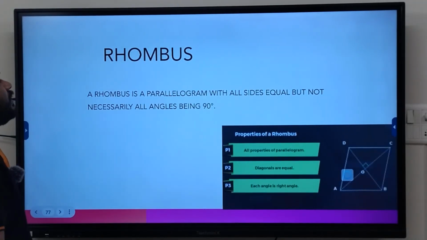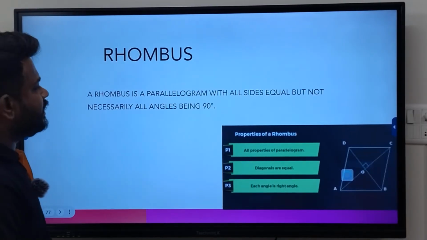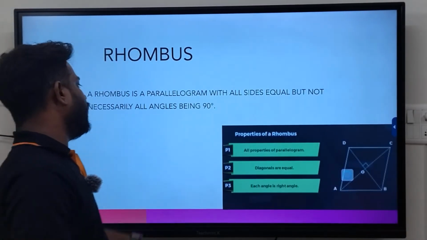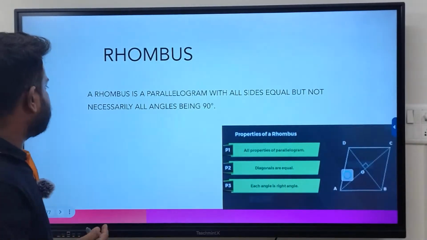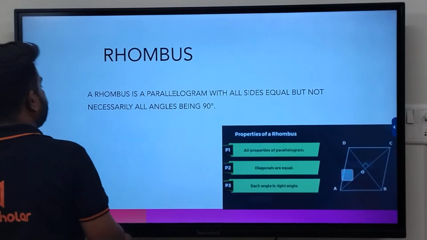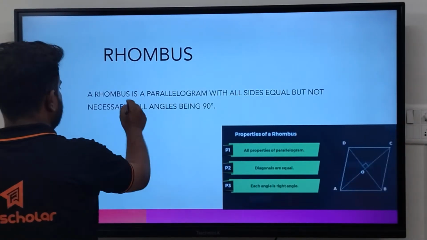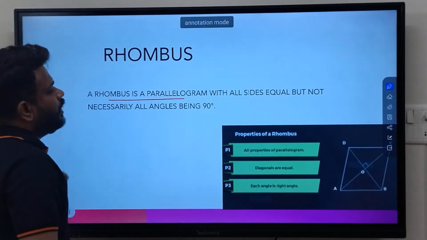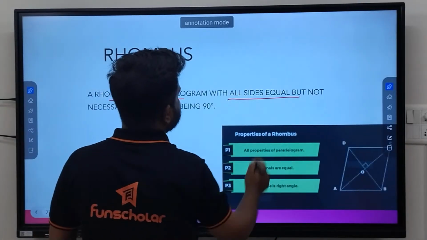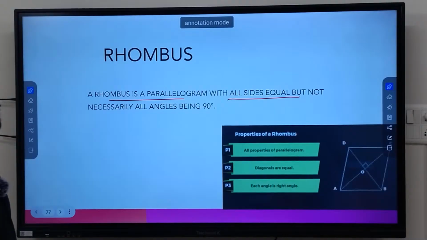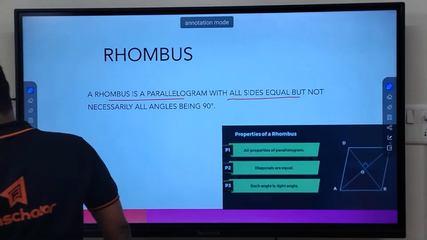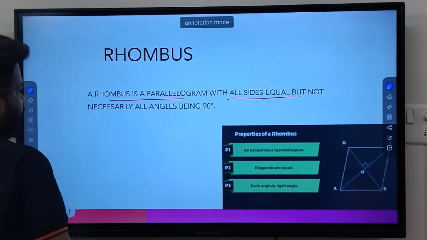Okay, a rhombus is a parallelogram with all sides equal but not necessarily all angles being 90 degrees. So this is the definition of rhombus, that a rhombus is a parallelogram, and all sides are equal. This is okay, but not necessarily all angles being 90 degrees. Yes, a rhombus is like this.